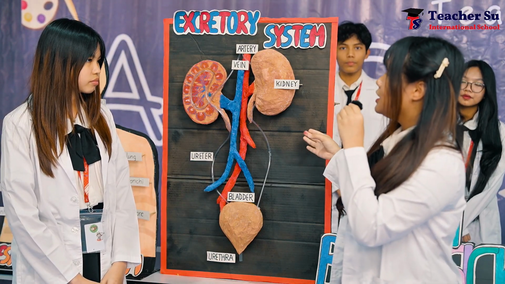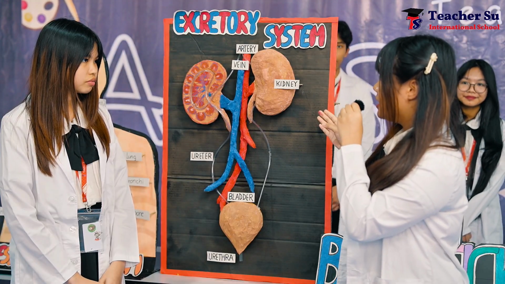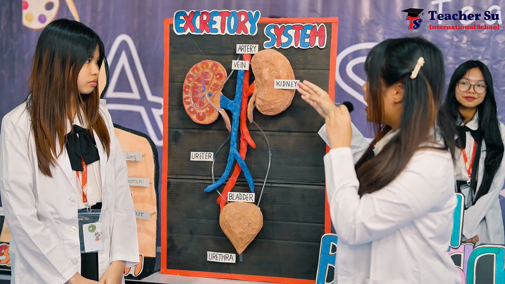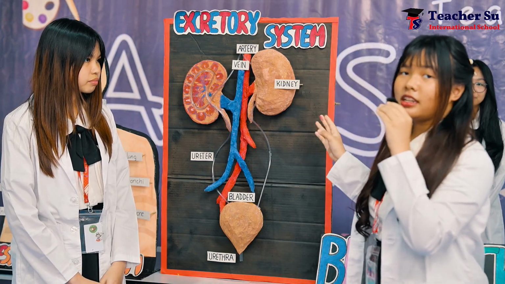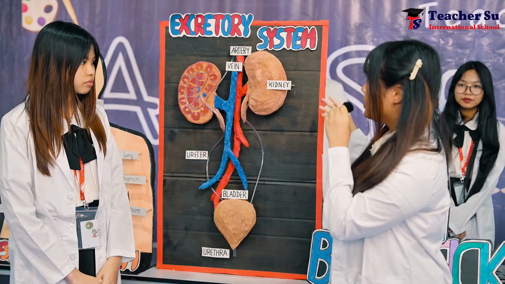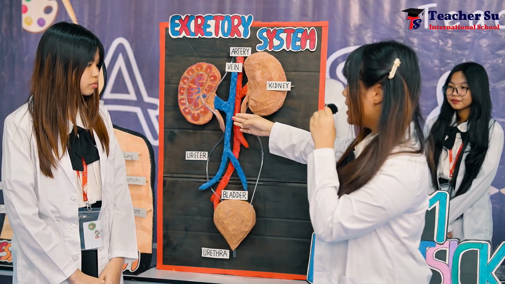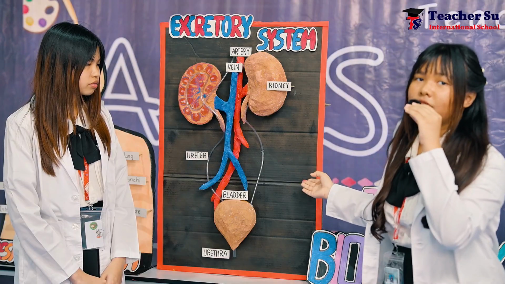And then the dirty blood enters the kidneys through the renal artery, as you can see here, shown in red. And inside the kidneys, the waste is removed. Then the clean blood leaves through the renal vein, as you can see here, shown in blue, and then returns to the heart to be circulated again.